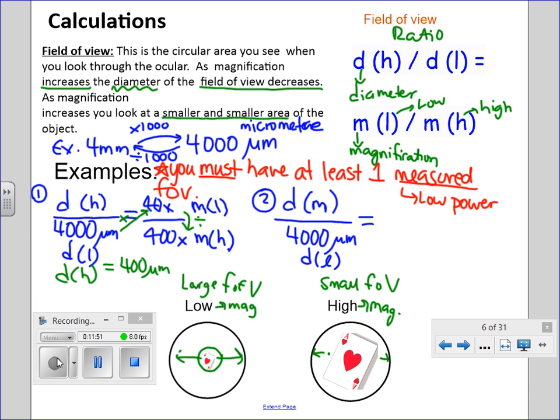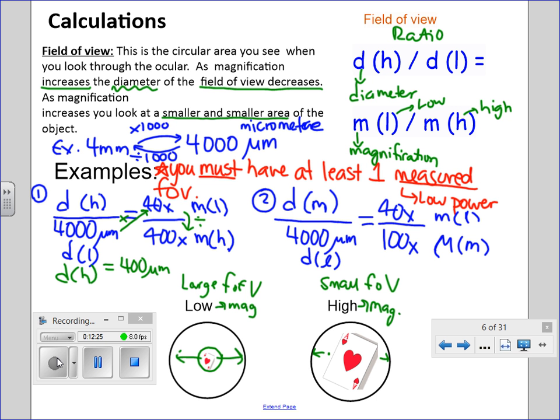On the other side, I'll put the magnifications. Low power is still 40 times. And medium power on the microscopes that we have is generally 100 times. So that's magnification on low, and this is magnification on medium. Notice what I did was I replaced both of the spots where I had high power with medium power. So there isn't one official way that this formula works.